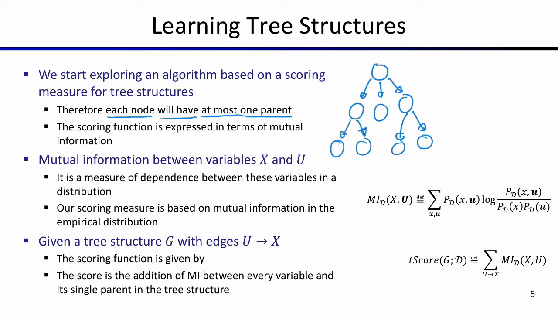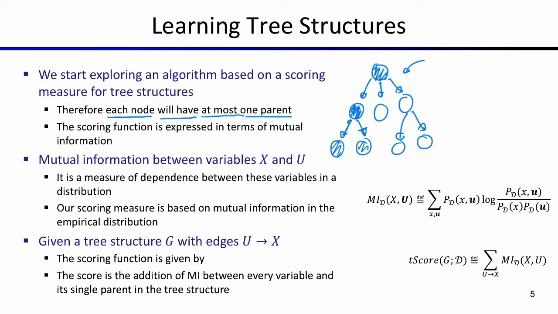When we think about each node here, we see that each node has just one parent they are connected to, and this guy here has again just one parent, and so on. So if we have this limitation of each node having at most one parent, we will have a Bayesian network that resembles a tree like this one here.